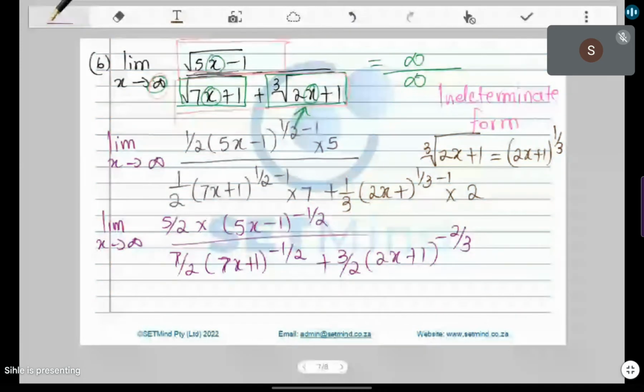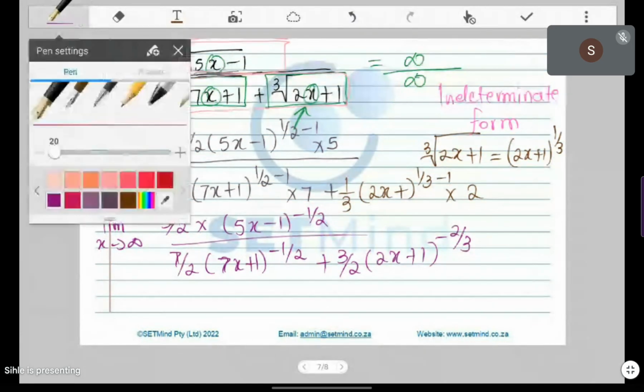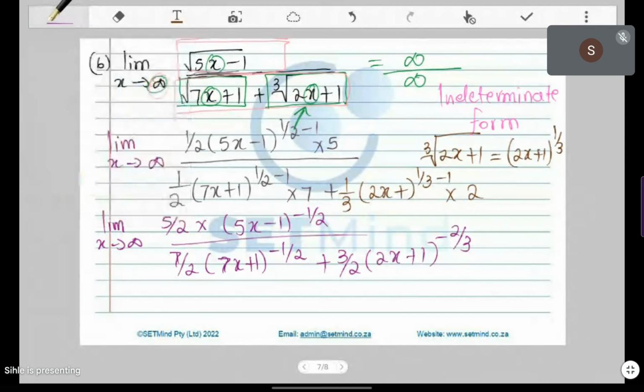Okay, cool. So let's see again. How do I write this in a nice way?